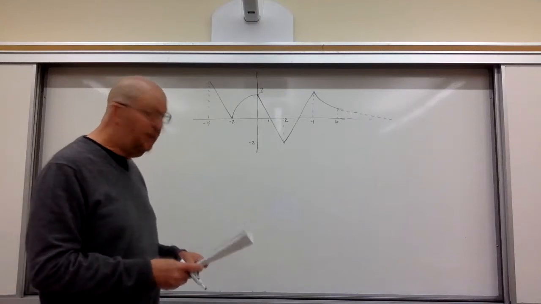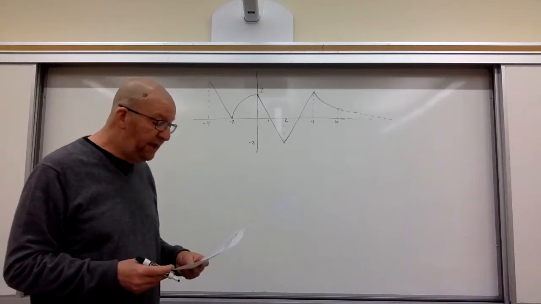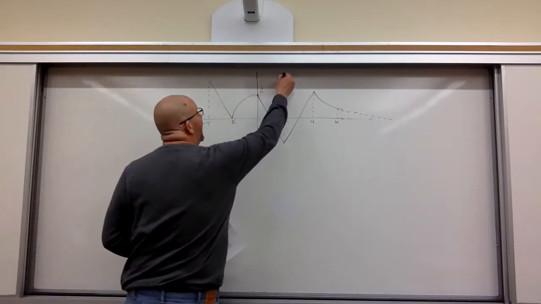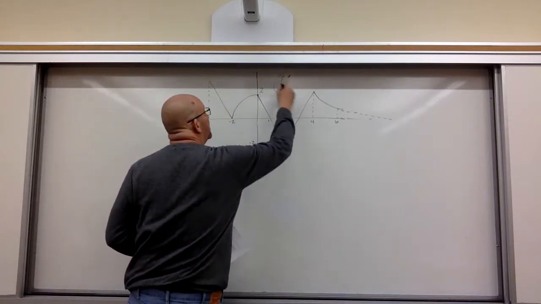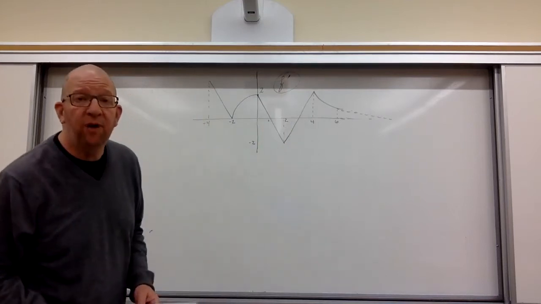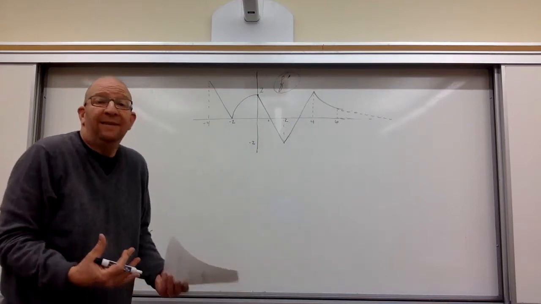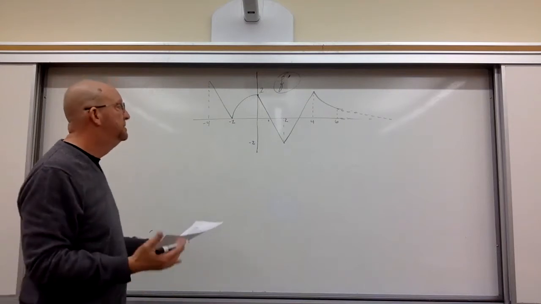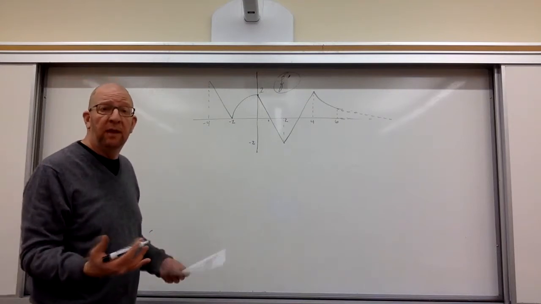Part A says, give me relative max and relative mins of f. And this is the graph of f prime. We want the relative mins and maxes of f on the interval -4 to 6. Well, say it with me.